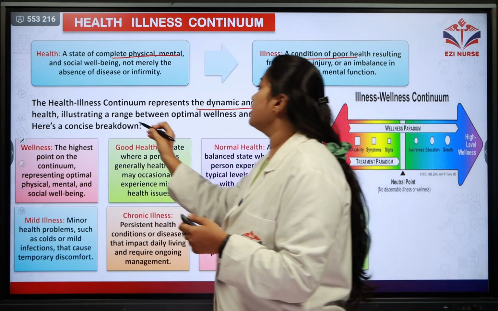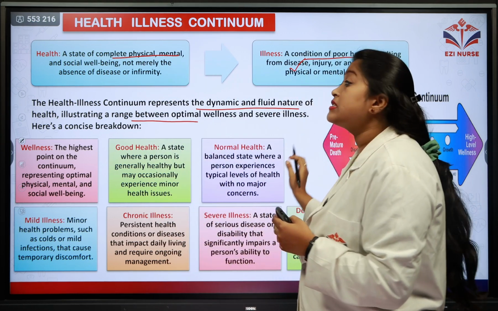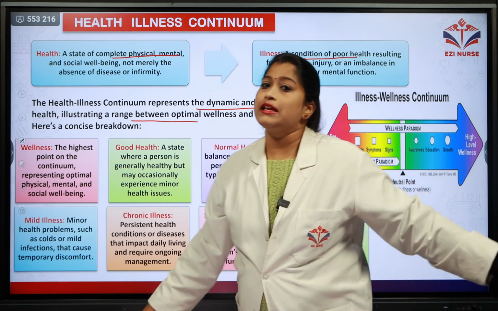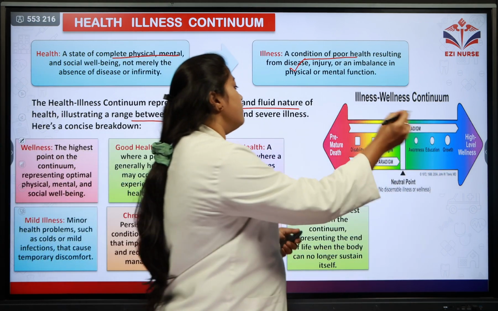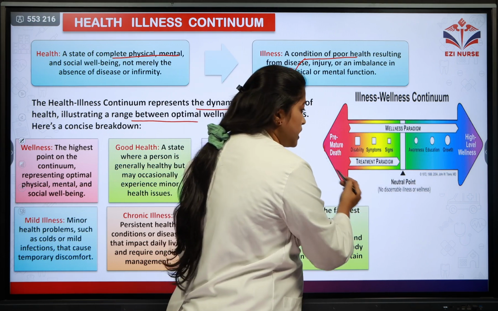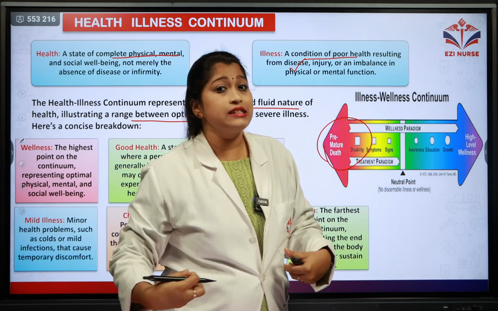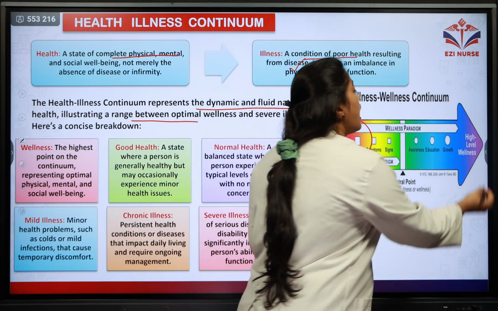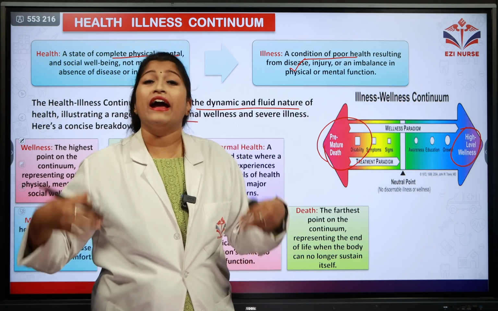It illustrates a range between optimum wellness and severe illness. As you can see in this picture, there are two different sides wherein you can see the most disabled person, that is the most chronic illness he is facing, and also a high level of wellness, that is he is much healthier.